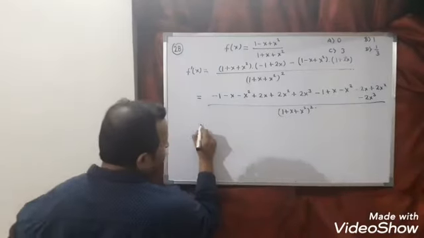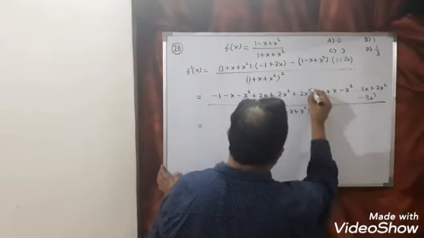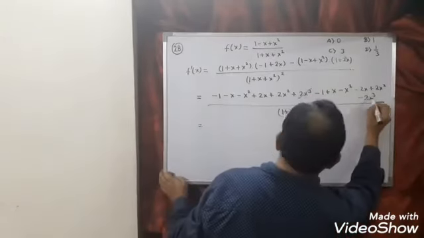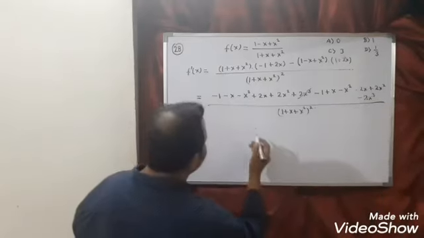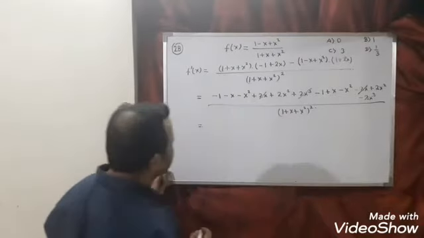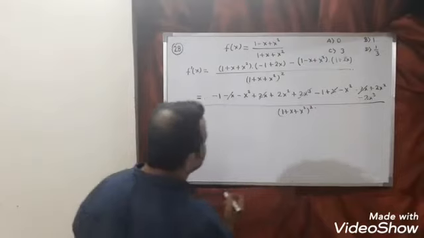Now tell me, any cancellation? You can see here 2x cube cancels. Next, here 2x cancels. Next, here minus x plus x cancels.